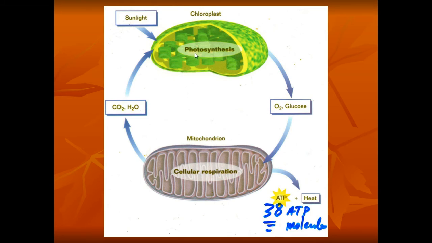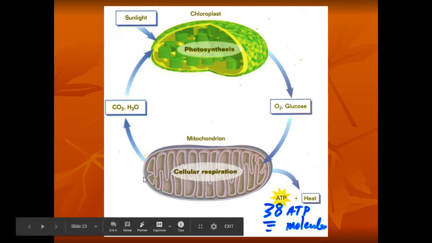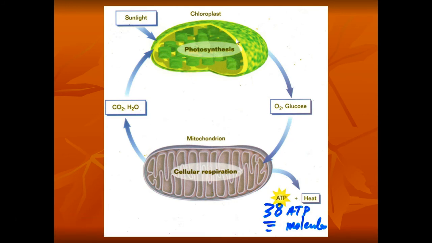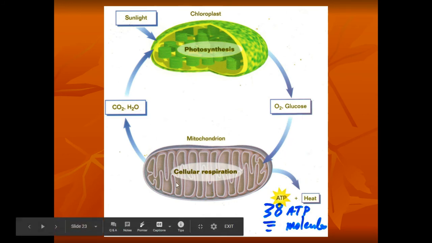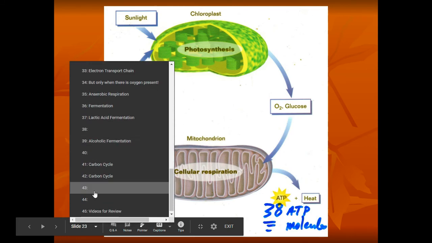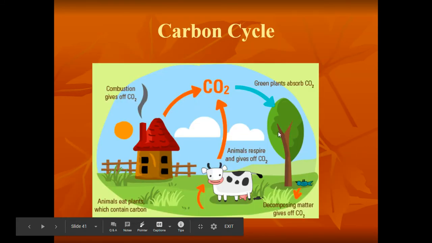So plants actually make their own food to go through cellular respiration. We, as humans, have to rely on plants to make it for us to eat to go through this cellular respiration. So, yeah, that's where the carbon cycle thing comes from.